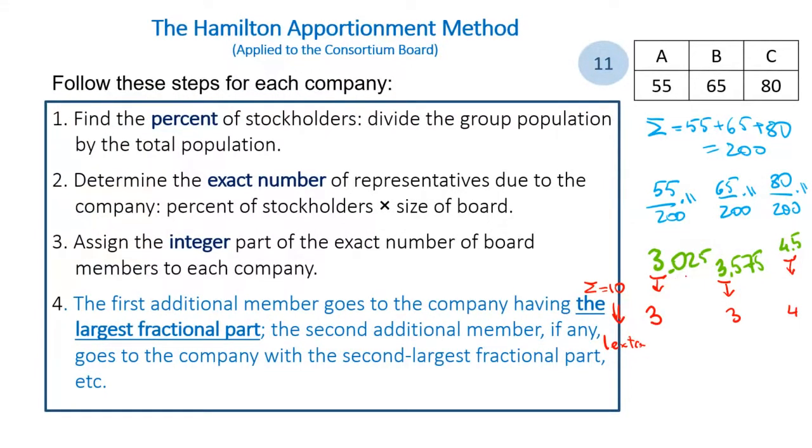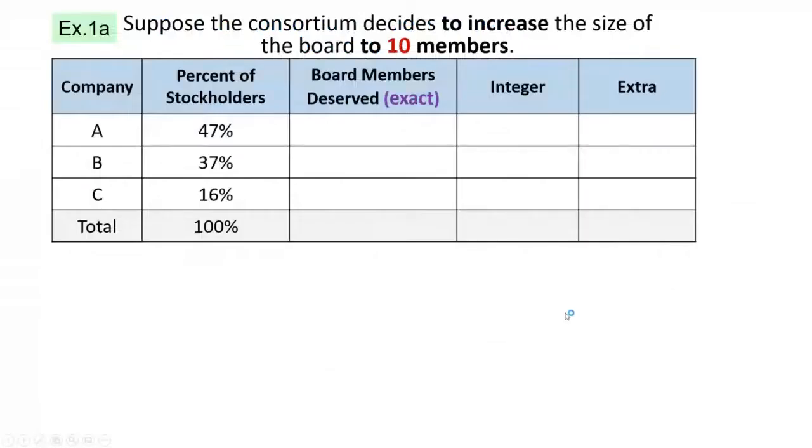The fractional parts are 0.25, 0.575, and 0.5, and you see that the greatest fractional part is 0.575. So we give an extra representative to company B, and the final apportionment is 3, 4, and 4. That's all, very easy method.